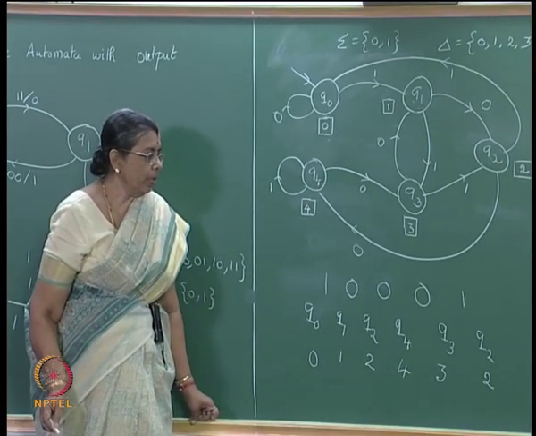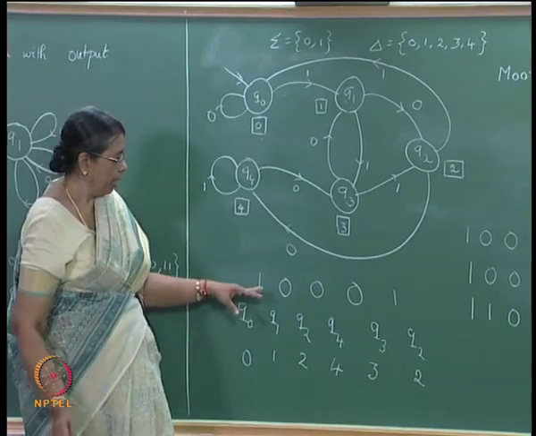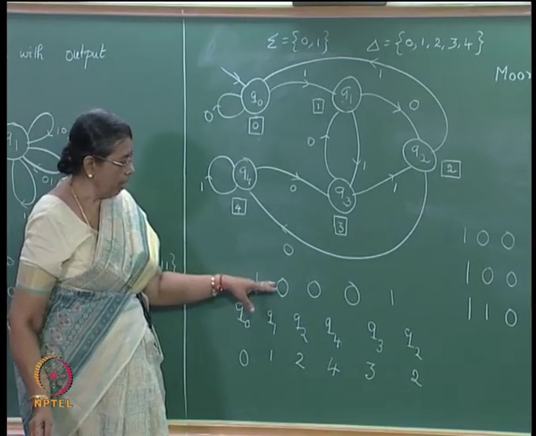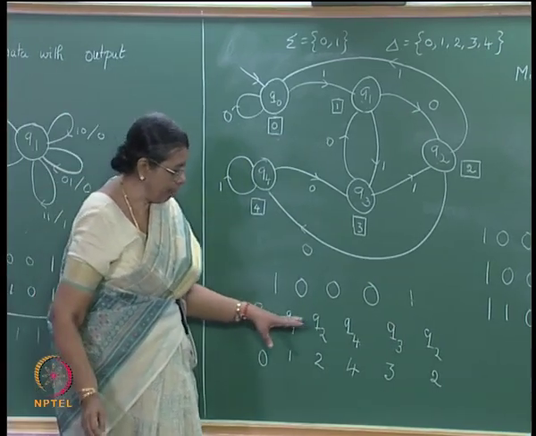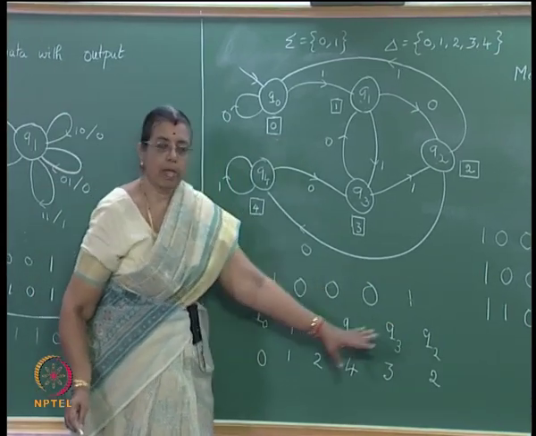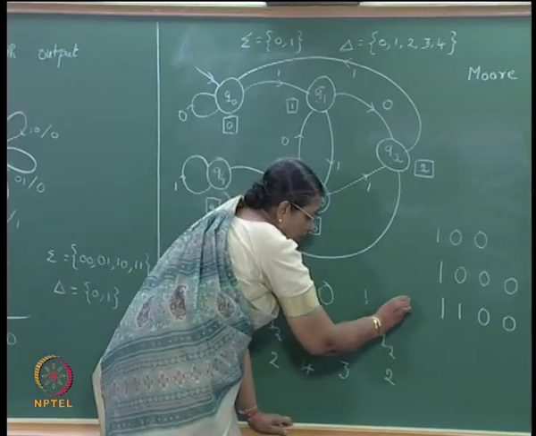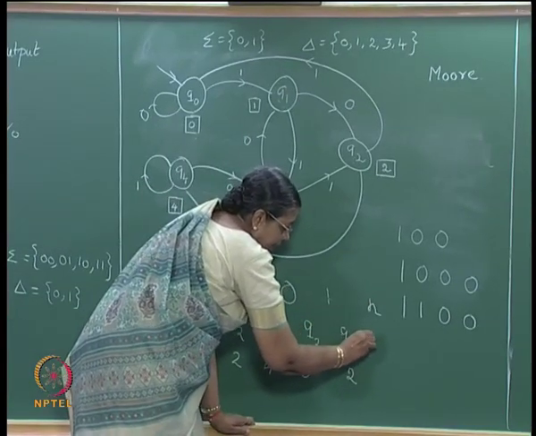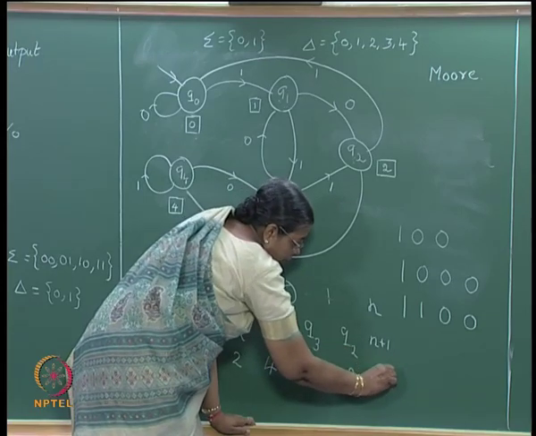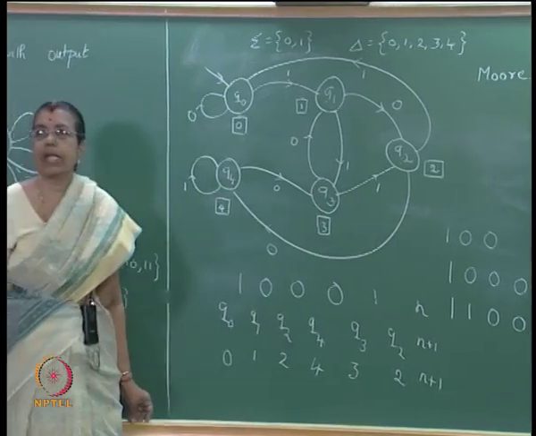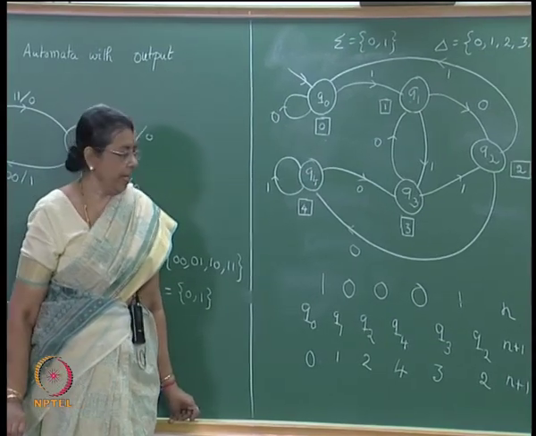One thing you must note here is the input, if it is of length 5, the state sequence will be of length 6. If the input is of length n, the state sequence will be of length n plus 1 and the output also will be of length n plus 1. This is the case of a Moore machine.